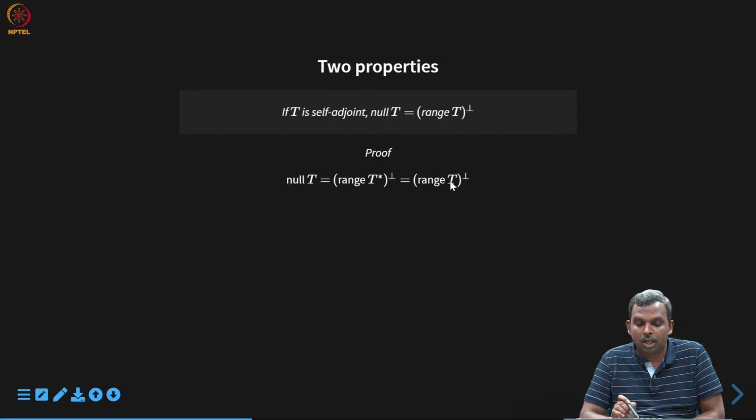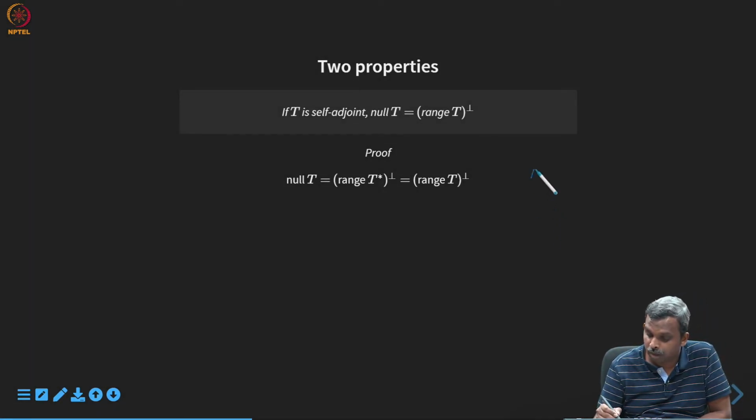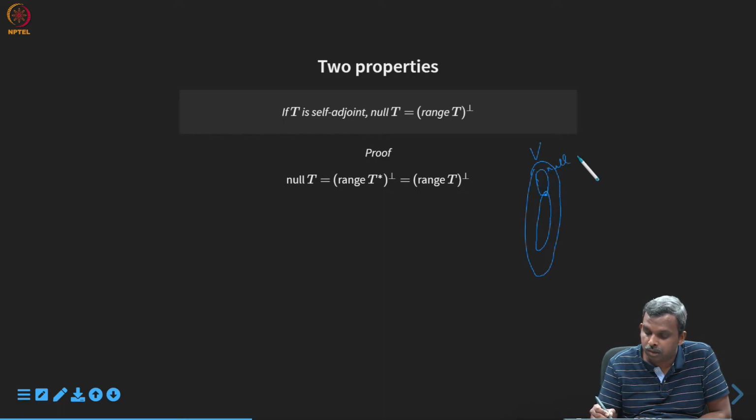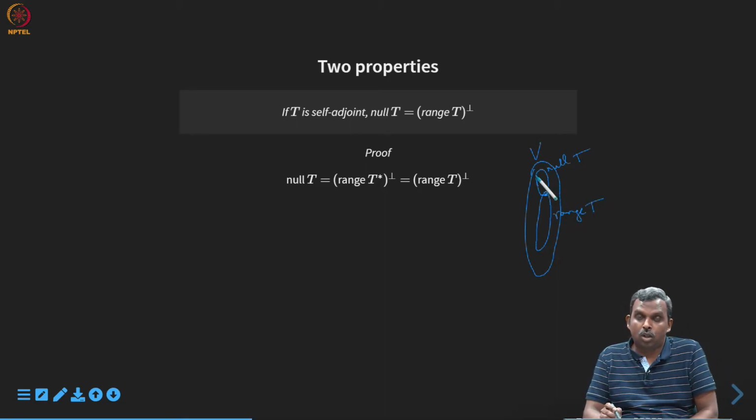So if you have V, and you have range of T and null of T, these two are going to be perpendicular to each other. These are orthogonal complements of each other, null T and range T, and that's a good picture to keep in mind for Hermitian or self-adjoint operators.